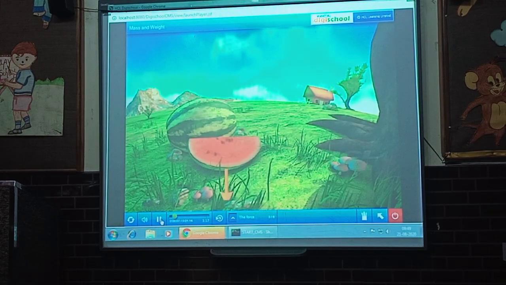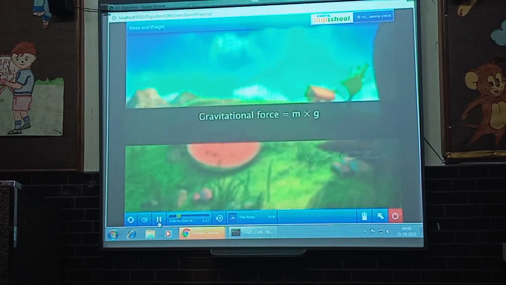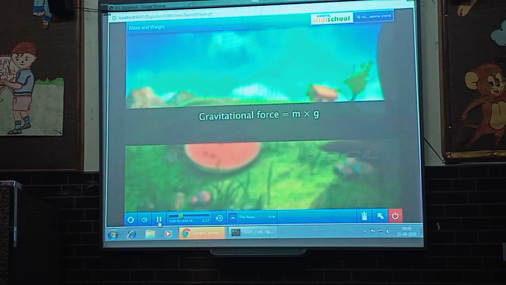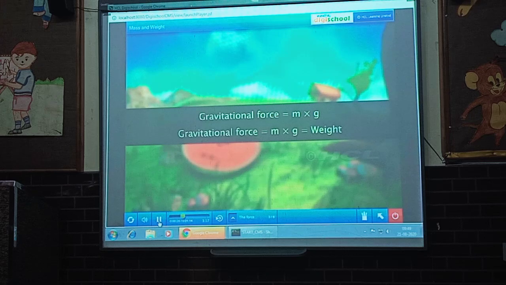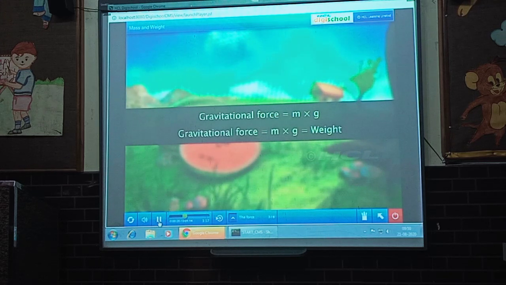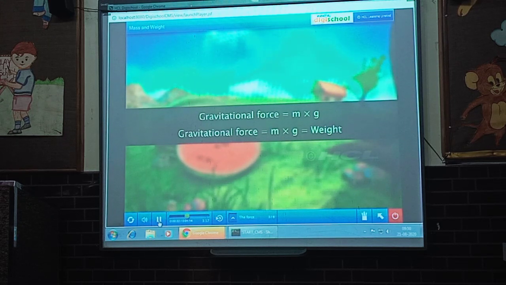We know that the Earth exerts a force of gravitation on all objects near it. This force is dependent on the mass of the object and the value of the acceleration due to gravity. It is referred to as the weight of an object and is hence expressed in newtons, which are the units of force. So is weight a vector quantity? Why?